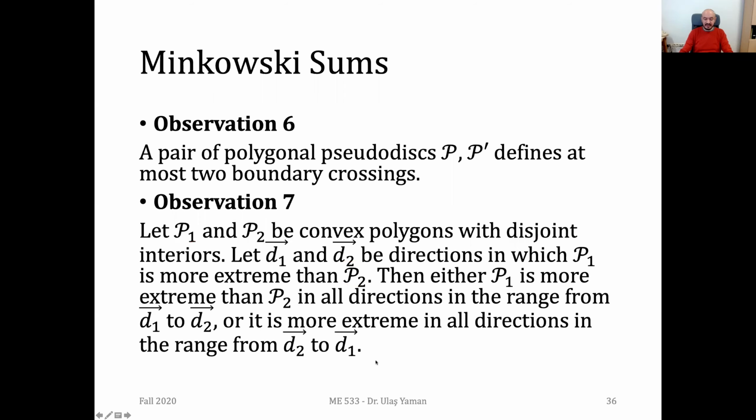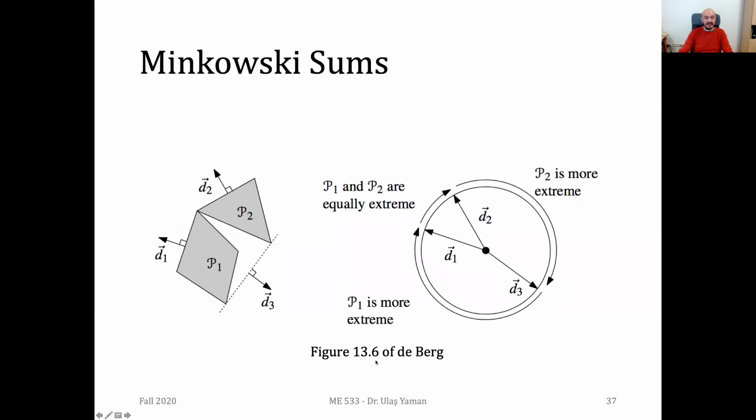Now we will see a sketch about it. We have two objects, P1 and P2. They are disjoint, they don't have any intersection, and let's say they have some extreme directions, D1, D2, and D3. So now what we have done, we have divided the circle into three fields. Let's say first field, second, and third field. In the first region, we have P1 as the extreme object.